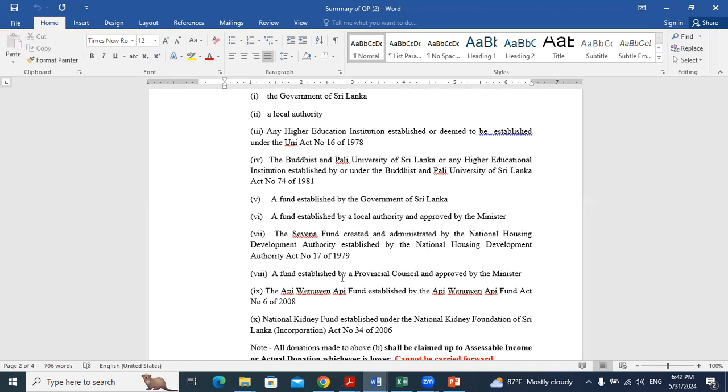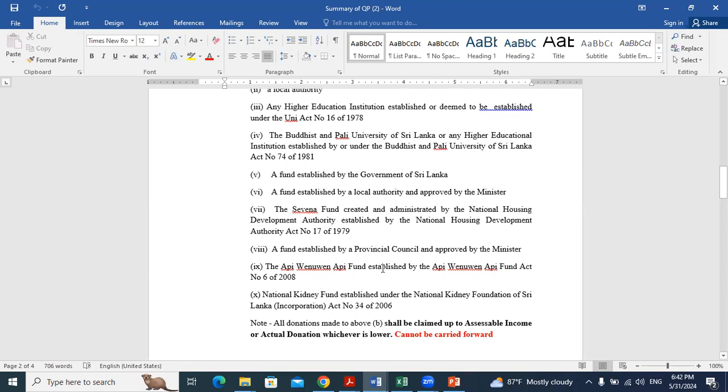That is also treated as a donation made to the government. Likewise, if someone donates some cash or items to a national hospital, that is government.